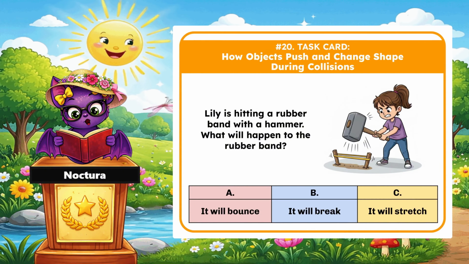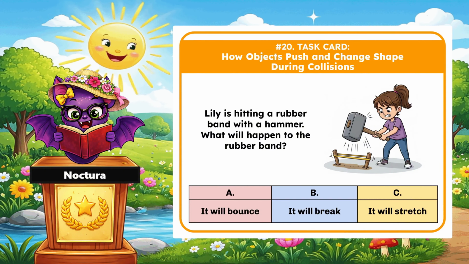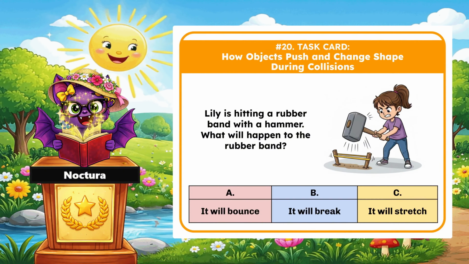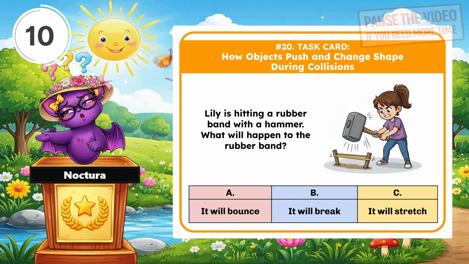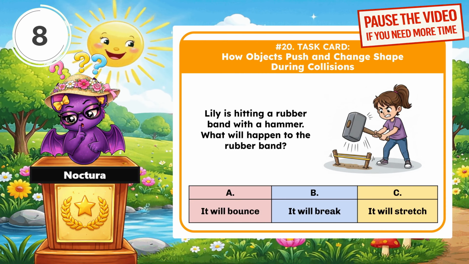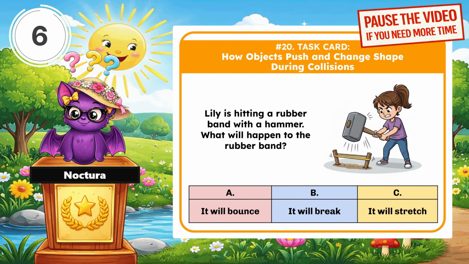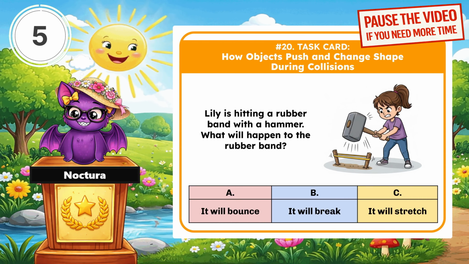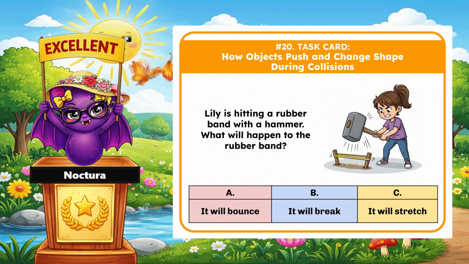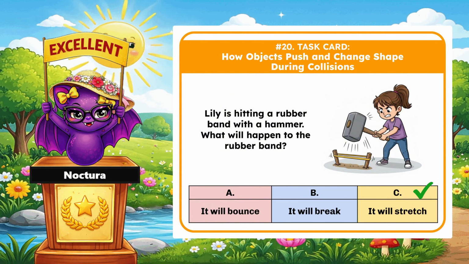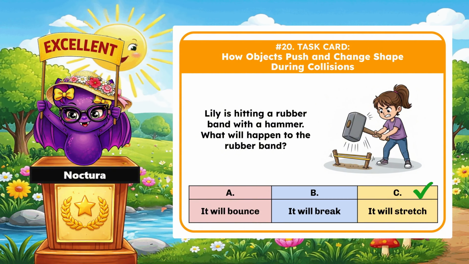Lily is hitting a rubber band with a hammer. What will happen to the rubber band? And the correct answer is letter C. It will stretch.